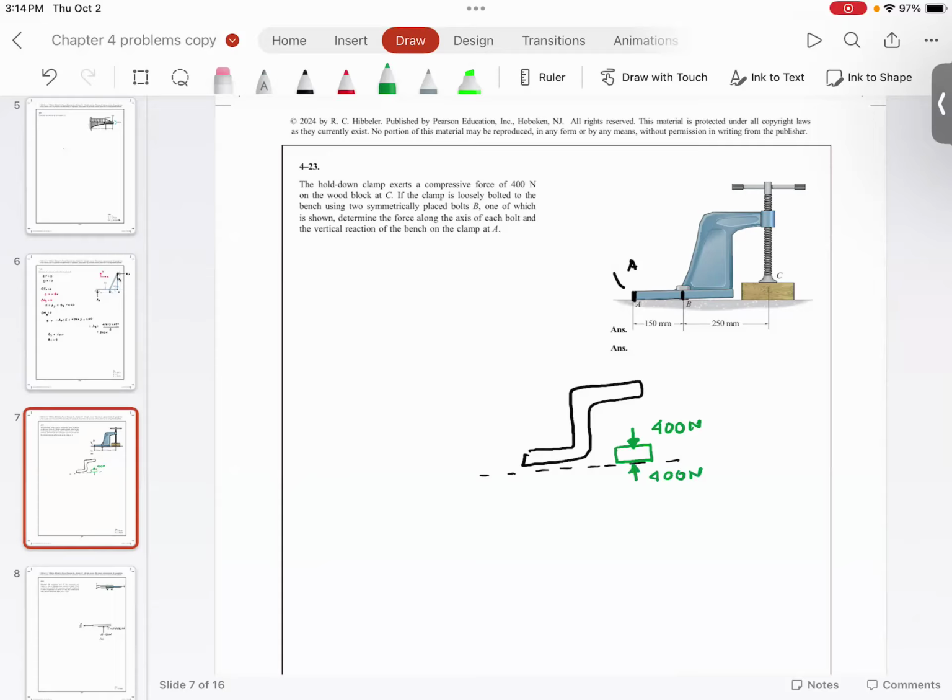You agree with me? Now there is this screw, and for this screw, I have drawn the free body diagram. So force on this screw is going to be 400 Newton in upward direction. So what this means is when you combine everything together, you are only left with 400 Newton.